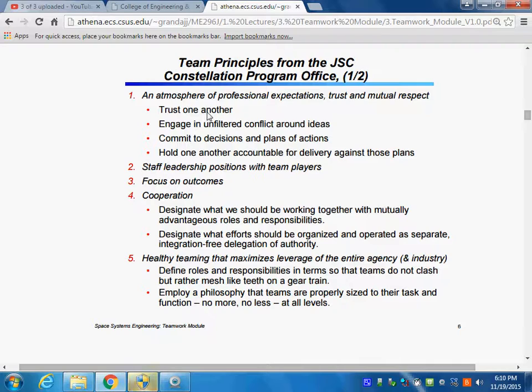Focus on the outcomes, have an objective of cooperation, and define the roles and responsibilities of the teams. Do not clash, but rather mesh like teeth on a gear train.